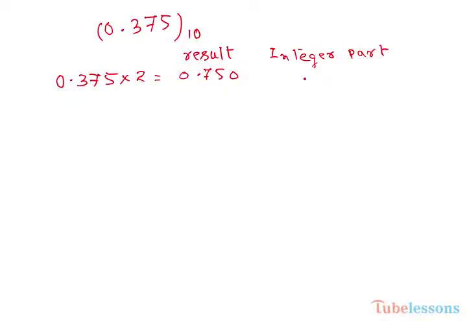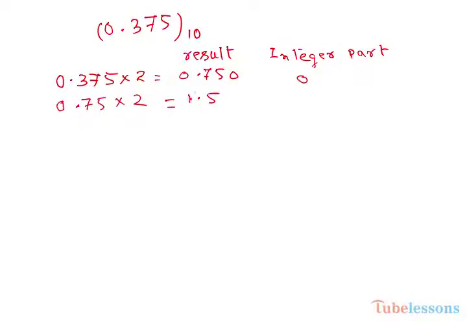In this result, the integer part is 0. We need to repeat this process until the fractional part is 0. So now do it again. 0.75 multiplied by 2 comes to 1.5.